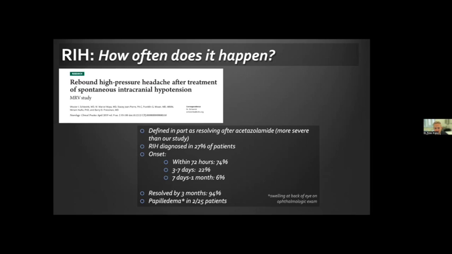And for those on the webinar wondering what papilledema is, this is a swelling that we can see at the back of the eye when you do an eye exam, and it's one of the ways in which high intracranial pressure can be diagnosed. It's not present in all patients who have high intracranial pressure, but it is present in some. So the take-home message is that sometimes people will have an eye exam and not have papilledema and get told, well, you can't have rebound high pressure, and that does not seem to be a true statement based on this data.